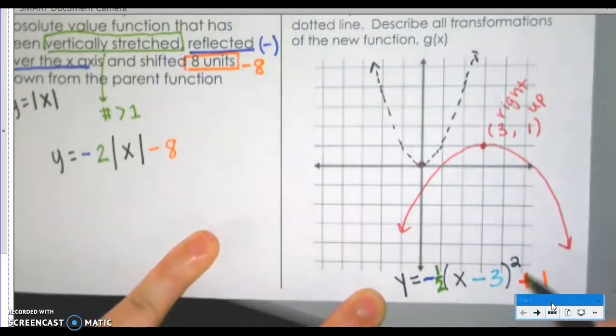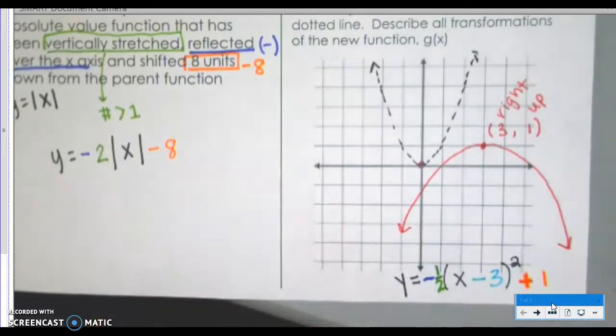If it was cubic, you would have to obviously make that to the power of 3. If this was square root, you would want to make sure you put all of that under the square root sign, the x minus 3 under the square root sign. So it's kind of one of those things that you should always go back and check. Did I make the function the type of function that it's supposed to be?